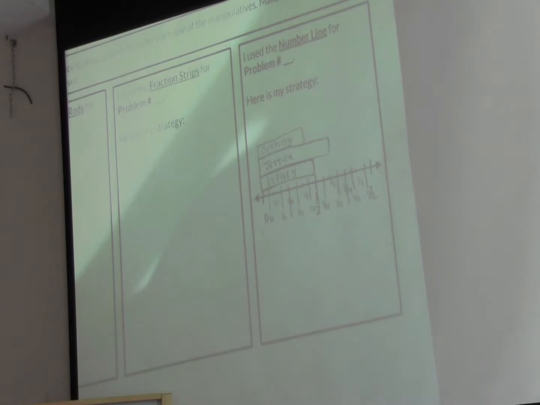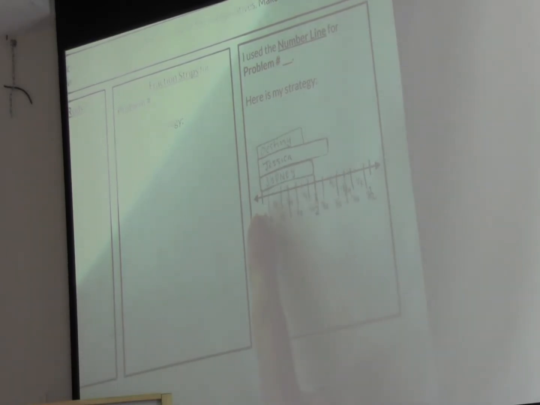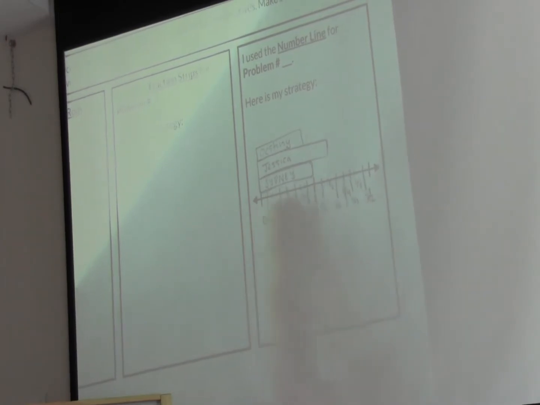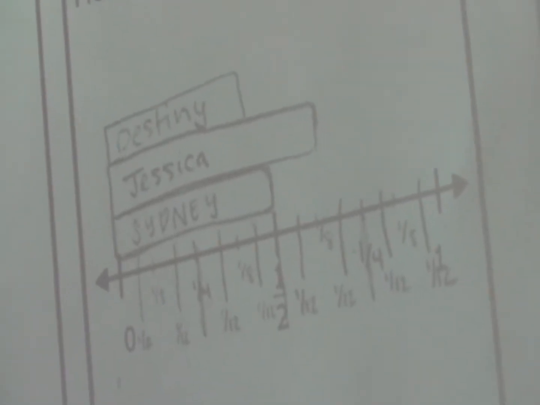So I split it into 4ths, and then I split the 4ths into halves, making 8s. And then I counted 5 of those and marked Jessica's. And then Destiny had 5/12. So then I split the number line into 12s and counted 5 of those and then marked hers.